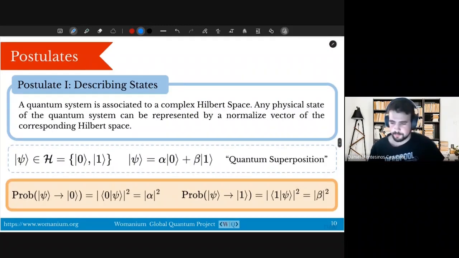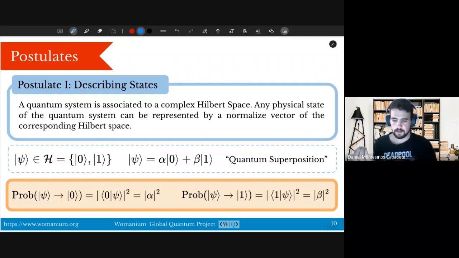So let's go. The first postulate is how we describe the physical states of a system in quantum mechanics. I have already said this, but basically every different state of your physical system can be represented as a vector of your Hilbert space.